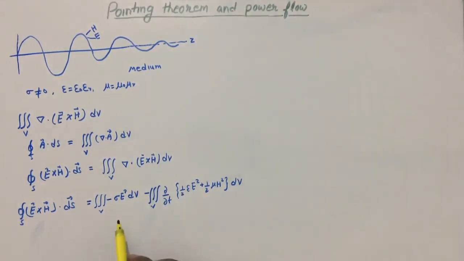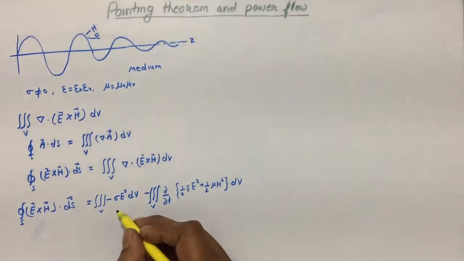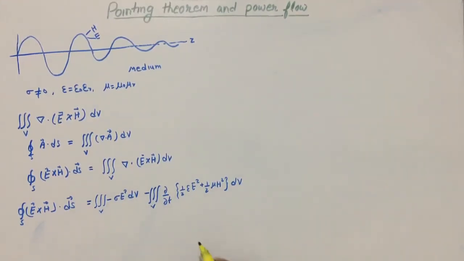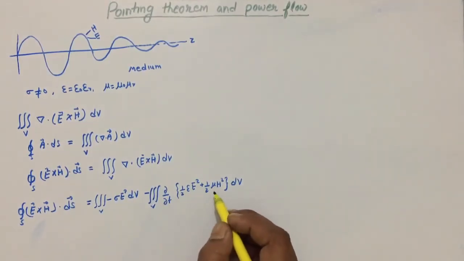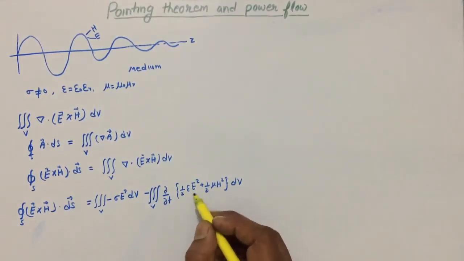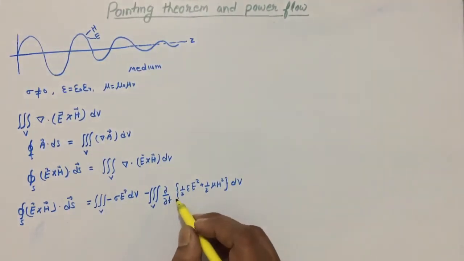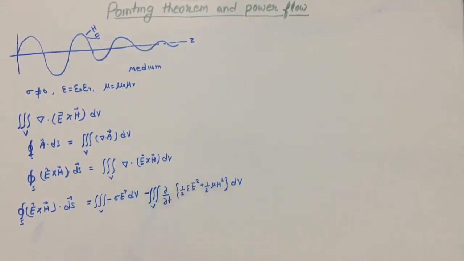We already have derived these two terms. From here, this is the power loss, or we can say power leaving the volume, and this is the rate of decrease of electromagnetic energy, or we can say power loss of electromagnetic wave.